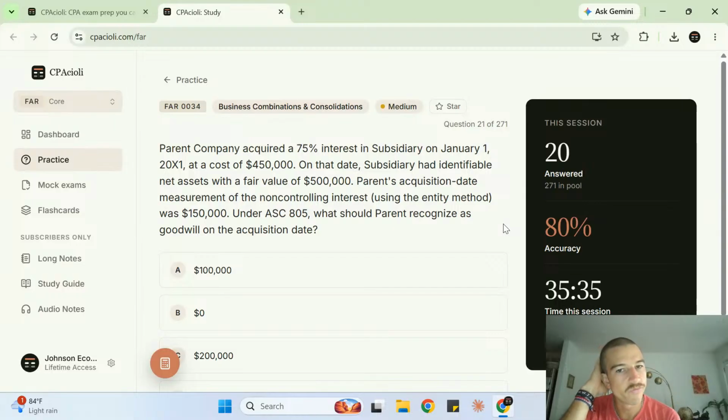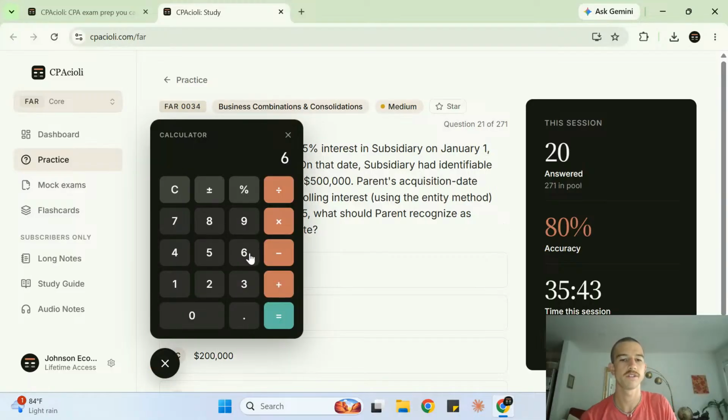So it'd be 500 plus 150 is 650 times 0.75. 487,500.